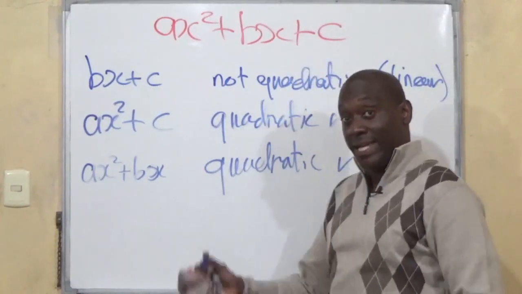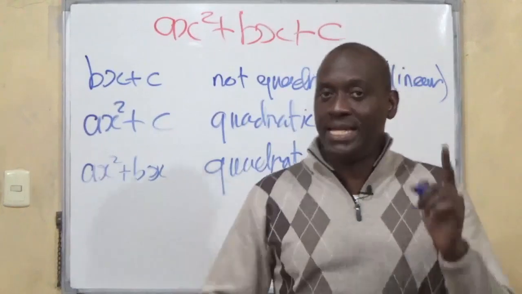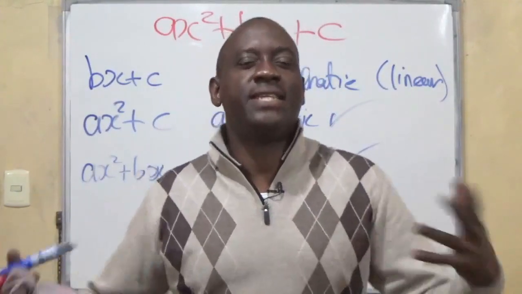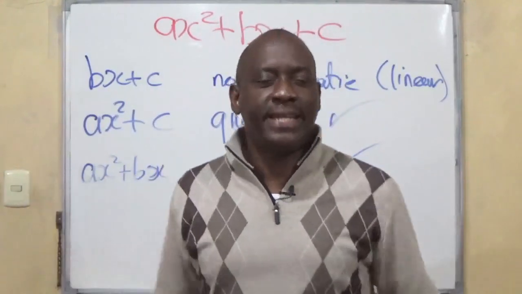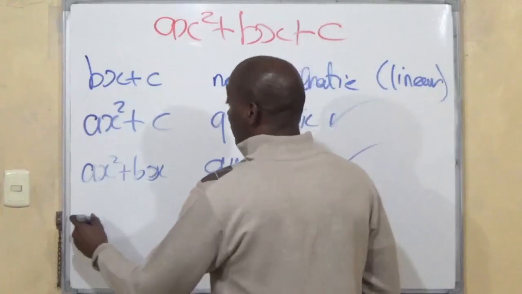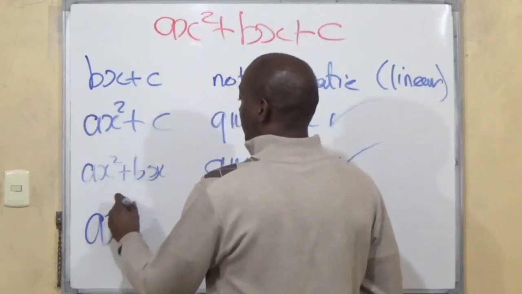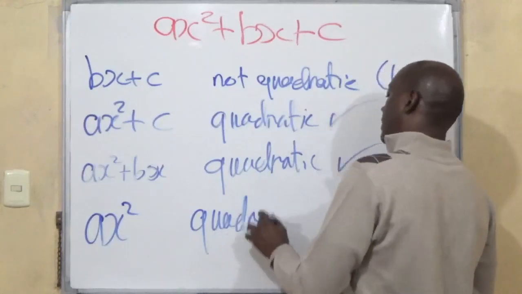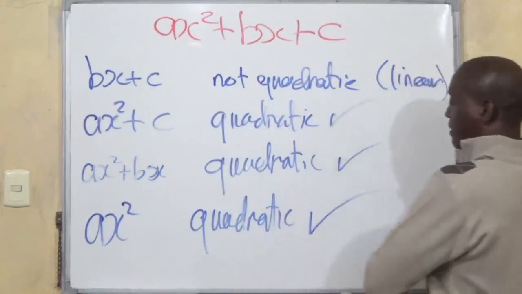And if b and c are both equal to 0 simultaneously, then we are left simply with ax squared, which is also a proper quadratic.